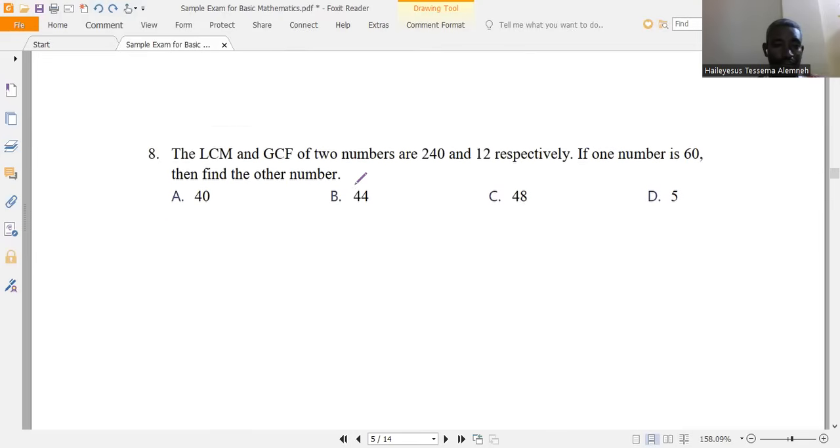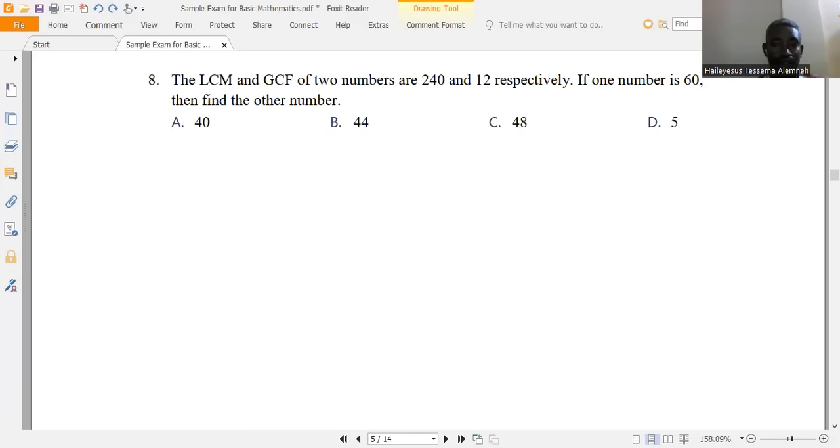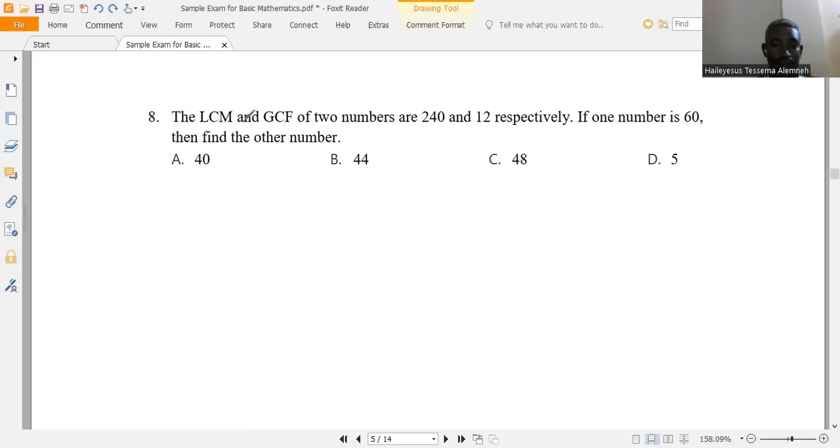So the next question, question number 8: the LCM and GCF of two numbers are 240 and 12 respectively. If one number is 60, then find the other number. We can remember that the product of the LCM and the GCF of two numbers x and y is always equal to x times y.